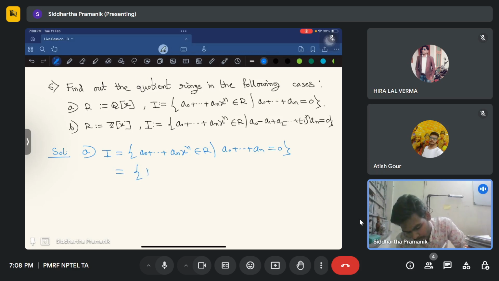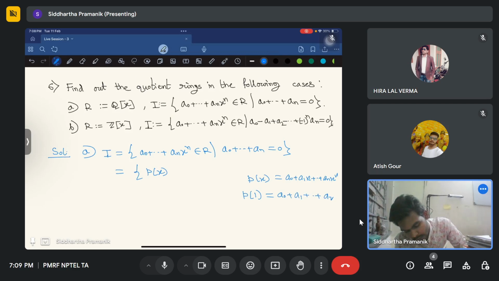So if P(x) is your polynomial a0 plus a1 x plus dot dot a_n x^n, then what is P(1)? P(1) is basically a0 plus a1 plus dot dot a_n, right?